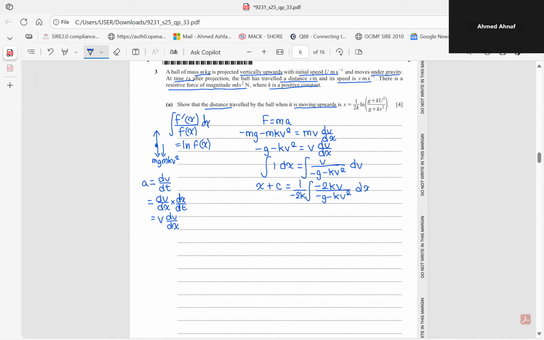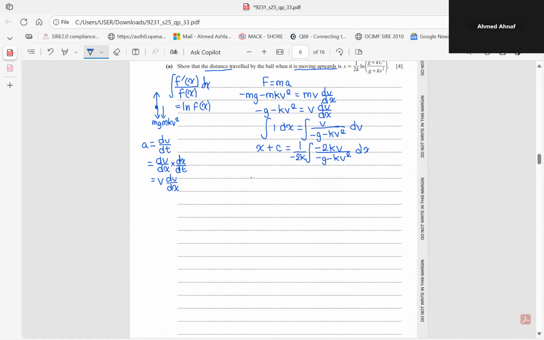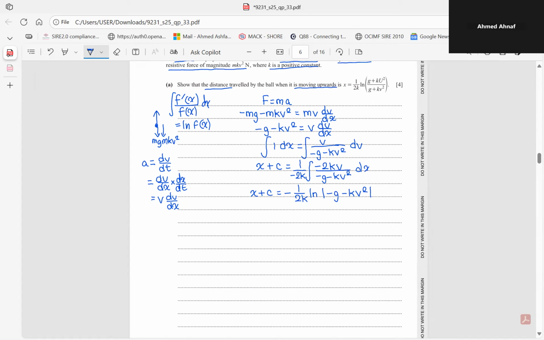Yeah, so now we can integrate. This is minus 1 over 2k times ln of minus g minus kv squared. Okay, don't forget to put the modulus sign because this is clearly going to be negative.